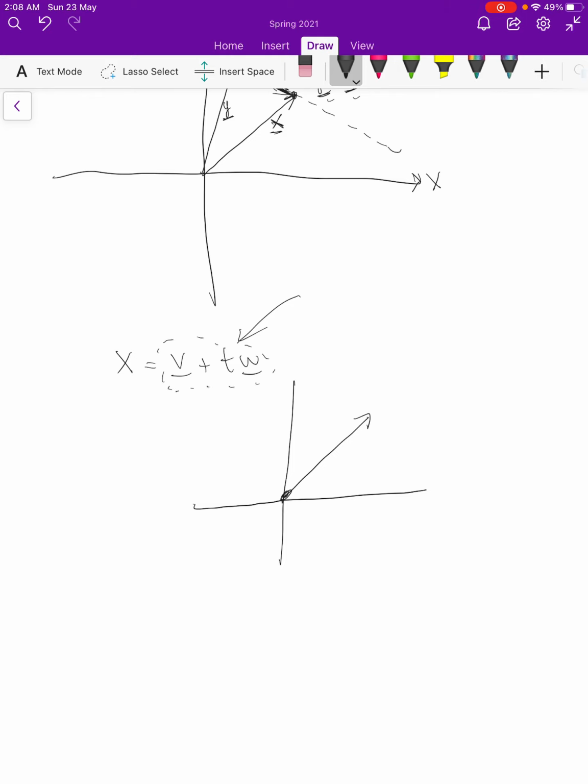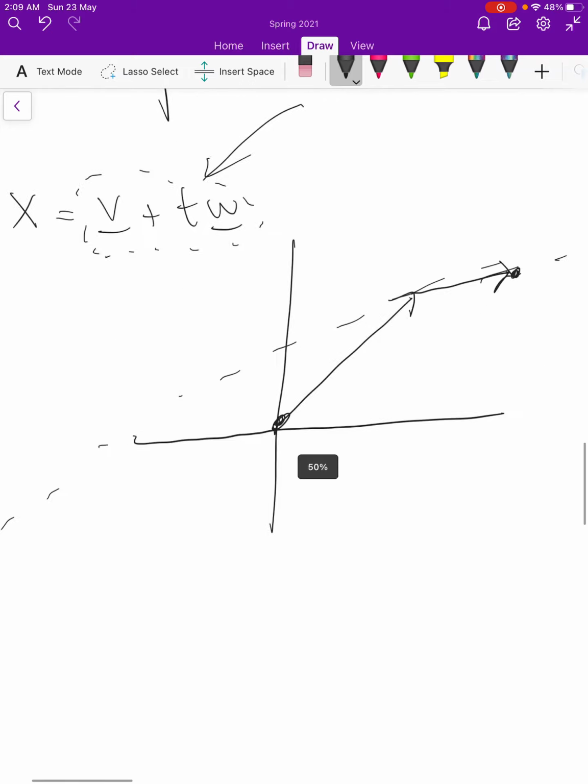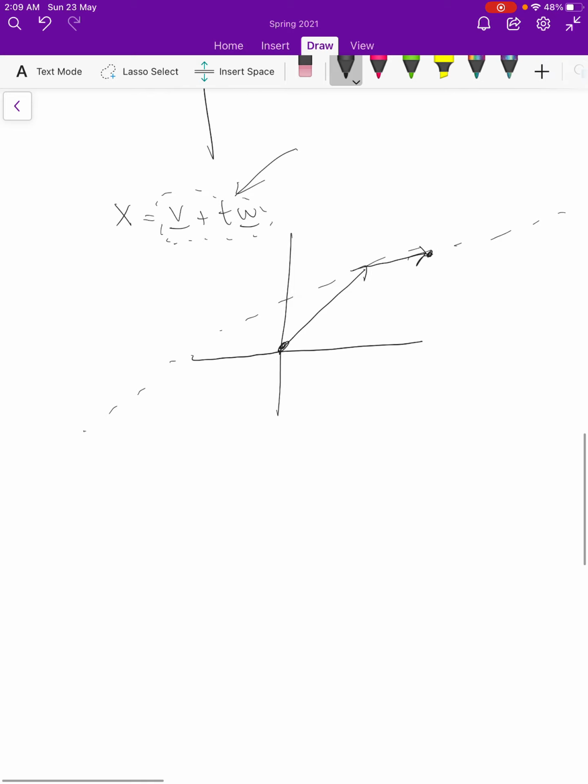It's moving away, so if we add something here, this is not going to be a line that goes through the origin. It's going to be like this. So that's why it's important to understand what the span can do.